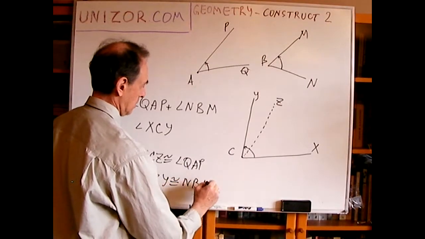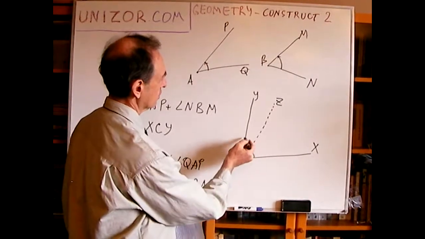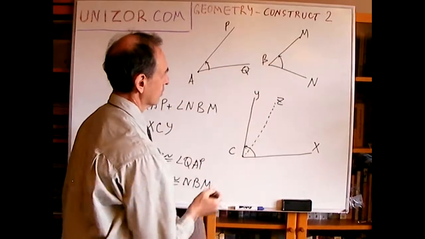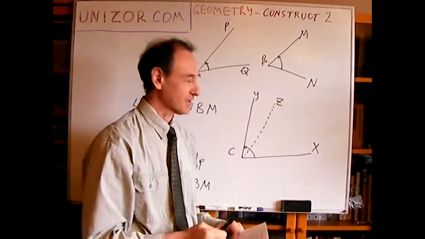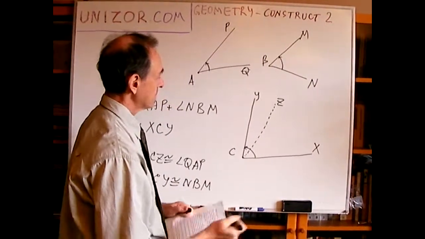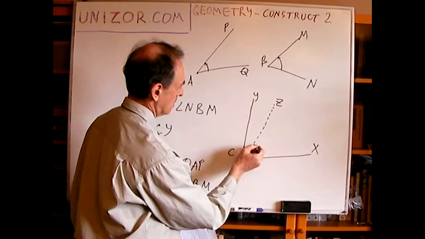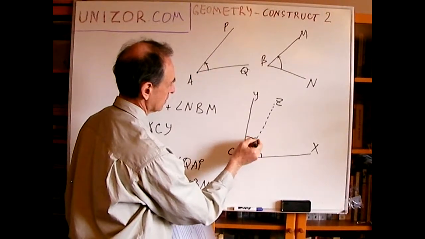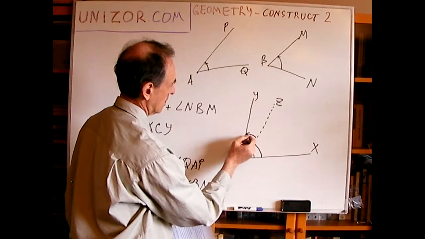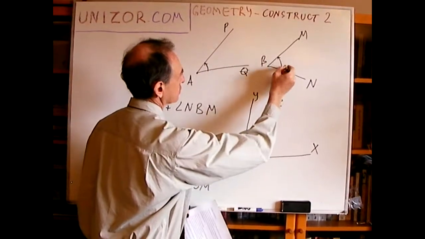NBM. Don't pay attention that this angle doesn't really look much smaller than this one. That's my drawing, that's okay. So basically you see that this angle would be congruent to this, and this angle will be congruent to this.